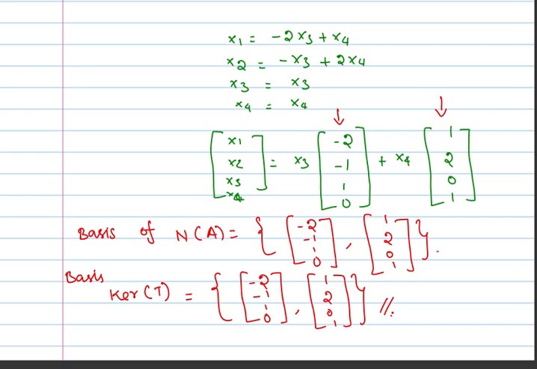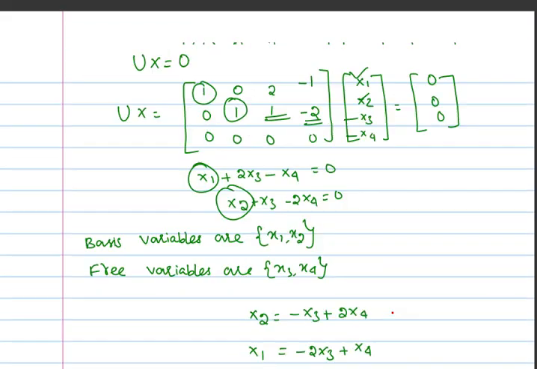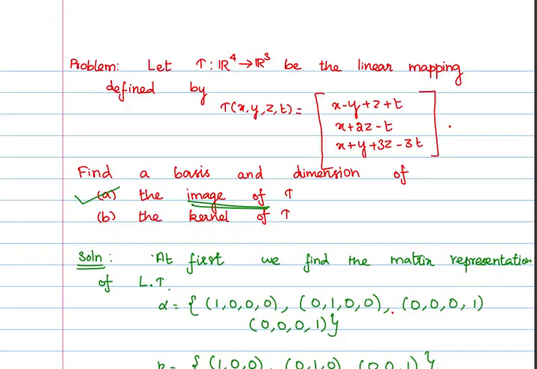So this is the basis of the null space. I hope in this video we solved this problem of how to find the image of T and the kernel of T for a linear transformation. Thank you for watching this video.